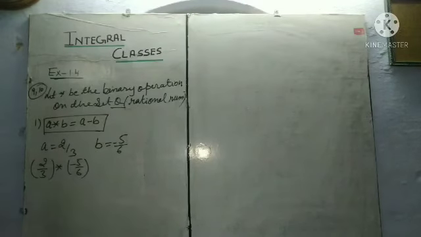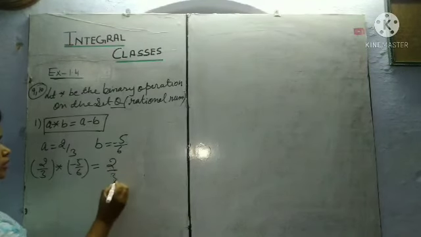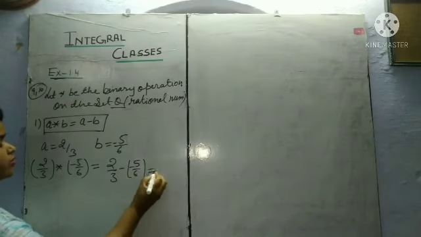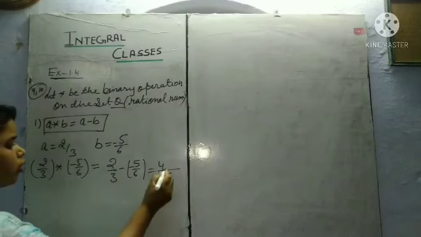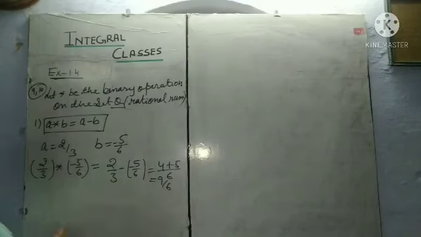First we will check commutativity. So now we will get 2 by 3 minus minus 5 by 6. It means, taking 6 as the LCM, we get 4 plus 5, which is 9 by 6.